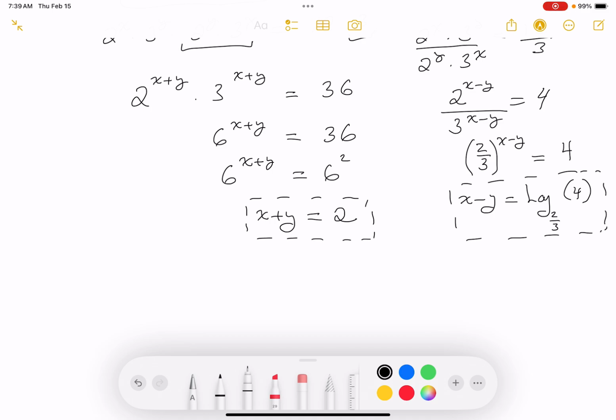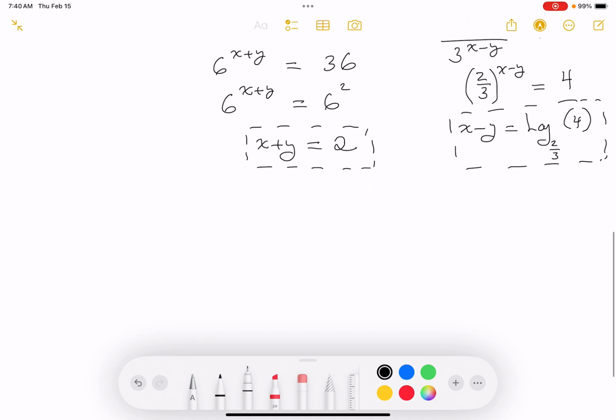My goal here is to find out what x is and what y is. So I'm looking at these two equations. I could just add them together now. All right, so what do you get? You would get 2x is equal to 2. I'm just adding these two equations together, plus log base 2/3 of the number 4.